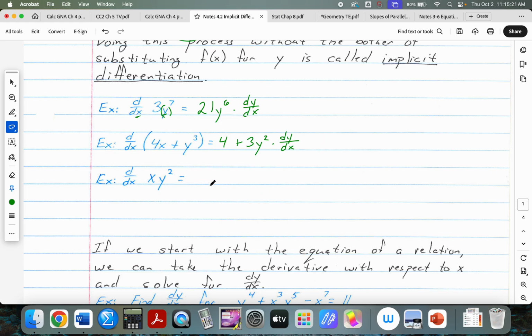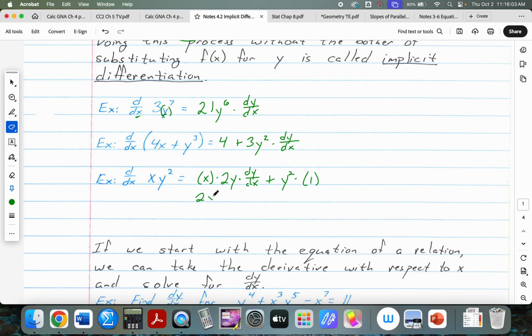If you have a product, you should use the product rule. So if I have the derivative with respect to x of x times y squared, I start off with the first factor, x, times the derivative of the second factor, which will be 2y, times, again, the inside part is not x, so times dy dx, plus y squared times the derivative of x, which is just 1.